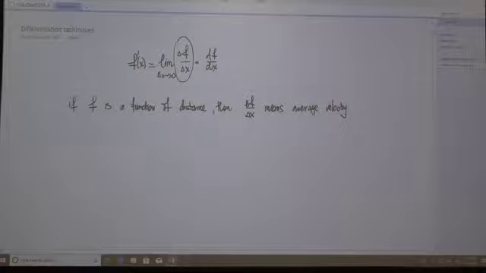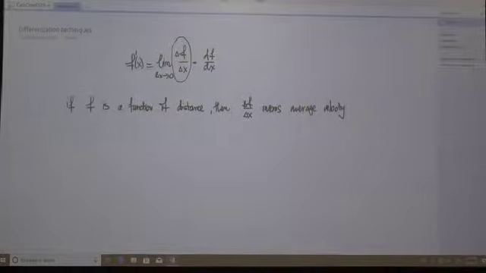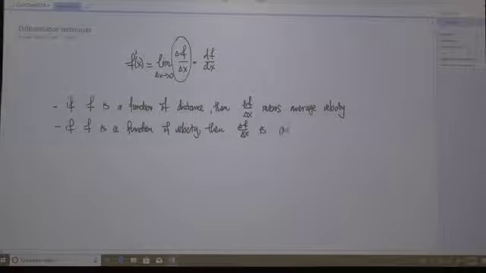Average velocity in between what? In between the 2 points, right? Where delta x means the distance between these 2 points. Okay, so if f is a function of velocity, then delta f over delta x is average acceleration, right?